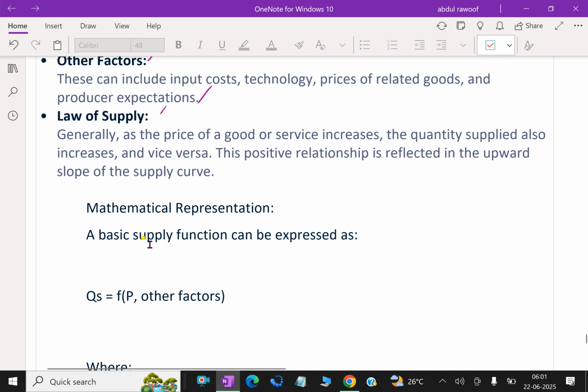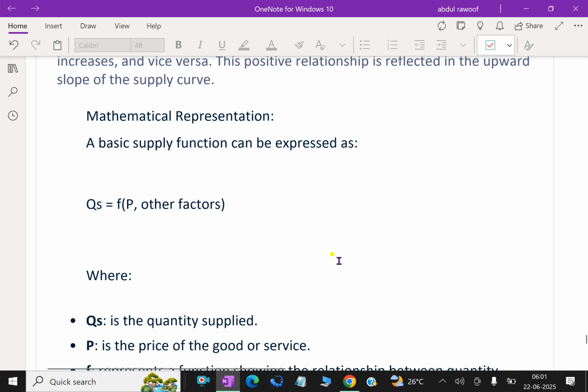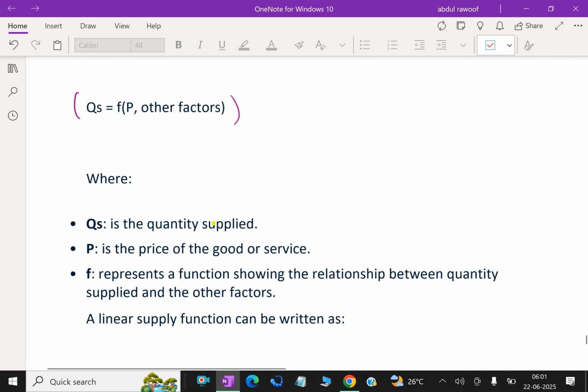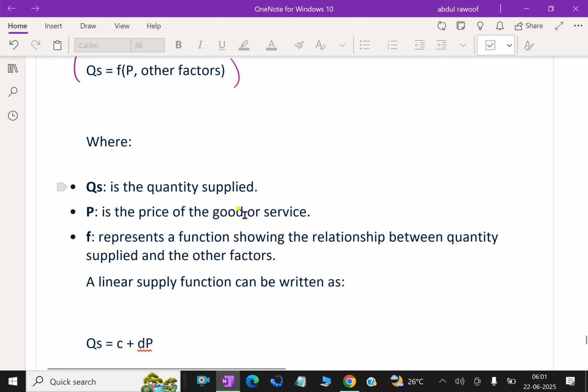Mathematical representation: a basic supply function can be expressed as Q equal to f of P and other factors, where Q is the quantity supplied, P is the price of the good or service, and f represents the function showing the relationship between quantity supplied and other factors.